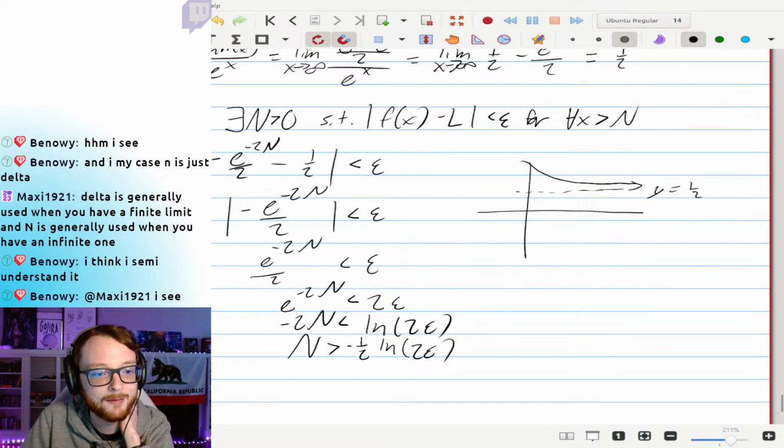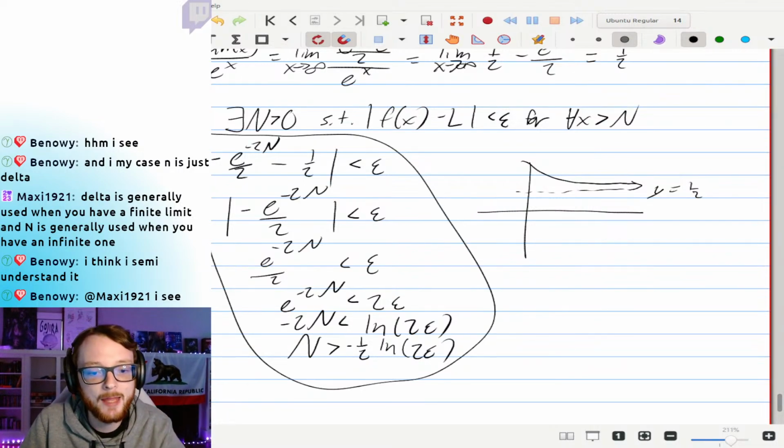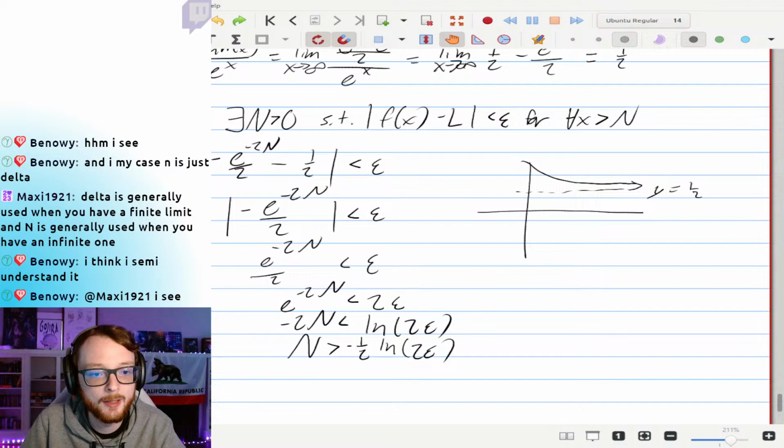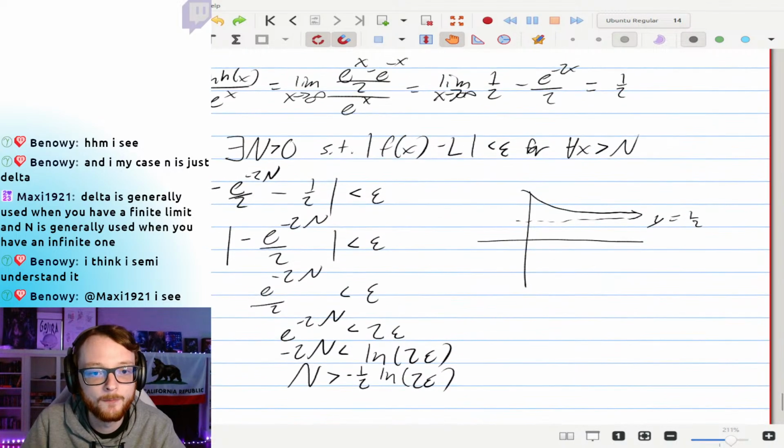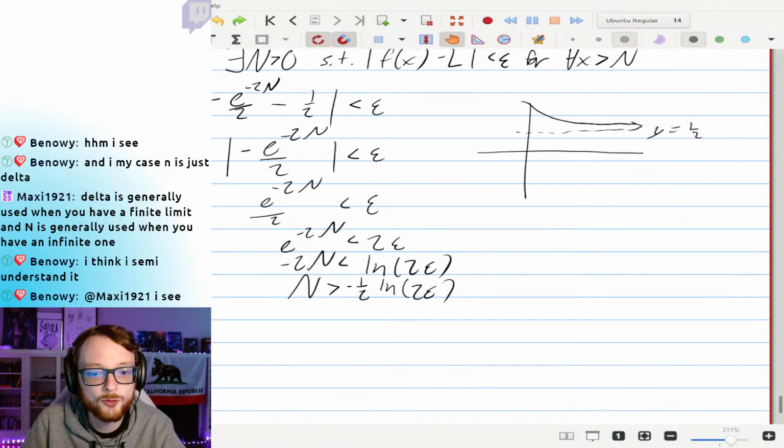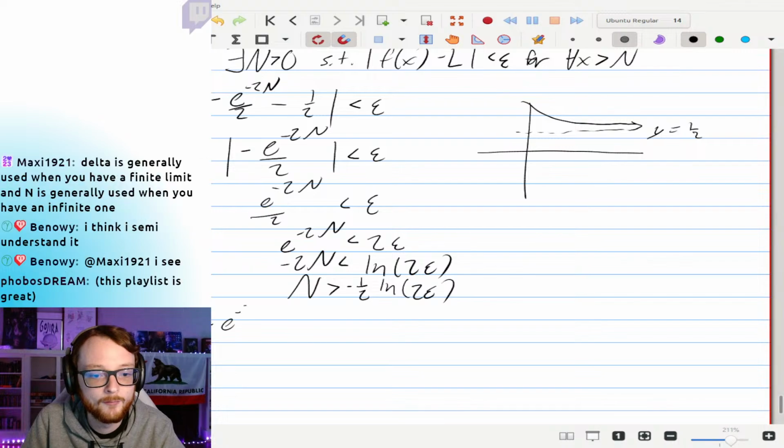Some people say that this is just an exploration thing that we've done here, and for the actual proof, you now need to go back through and plug in your proposed value for n and show that it actually works. But that kind of depends on the class, to be honest.